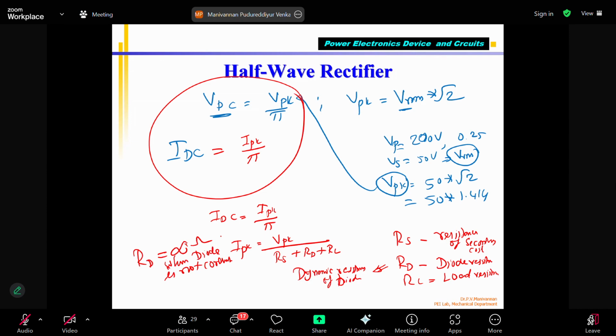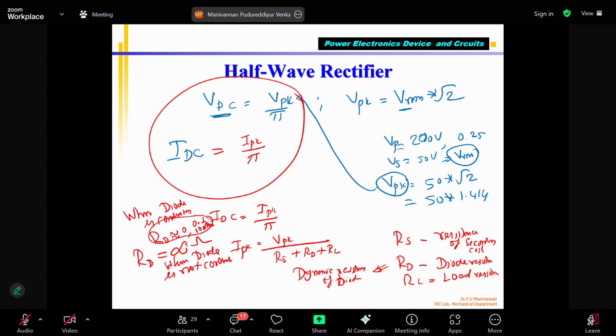Okay, when diode is conducting, due to voltage applied, when the input is greater than 0.7, RD will be equal to 0 or maybe 0.1 ohms to 10 ohms, depending upon transformer current rating. Okay, so that means you can almost negligible.